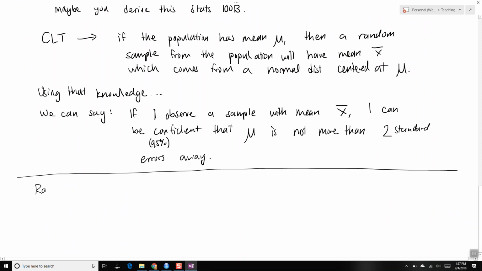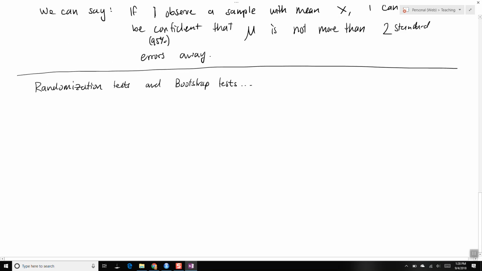So, randomization tests and bootstrap tests. We will not rely on the math behind the central limit theorem.